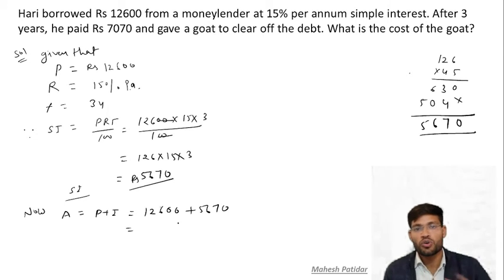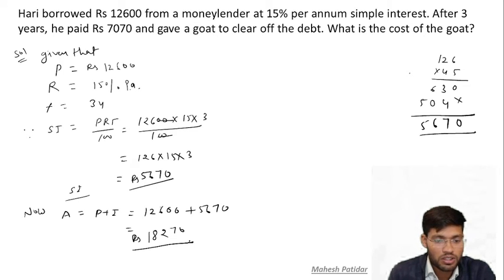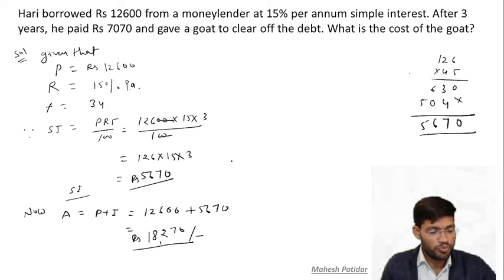So the total amount that Hari has to pay the money lender is equal to 0, 7, 6, 6, 12, 5 to 7 and 1, 8 is 18,270 rupees that Hari has to pay the money lender.